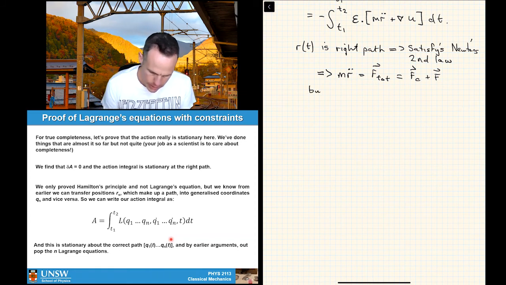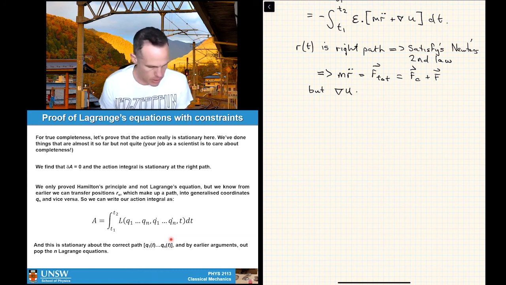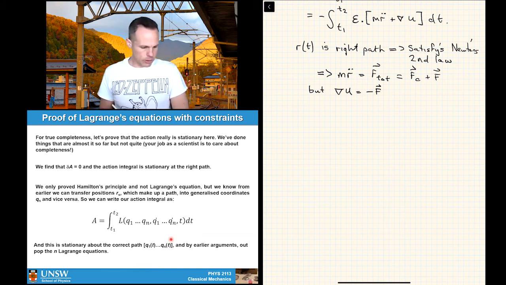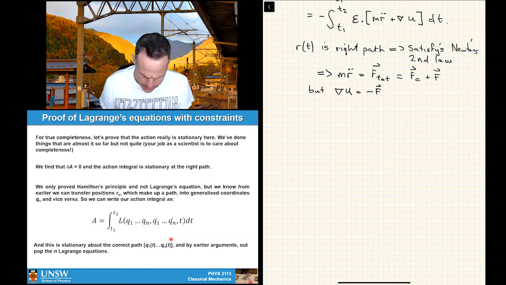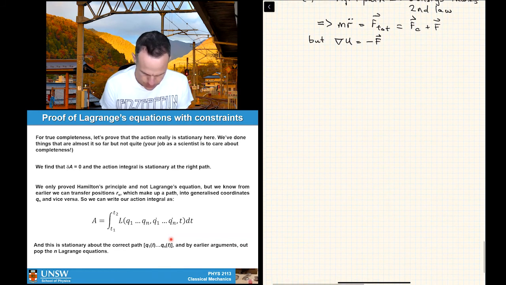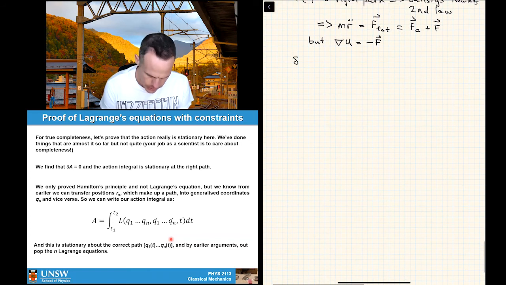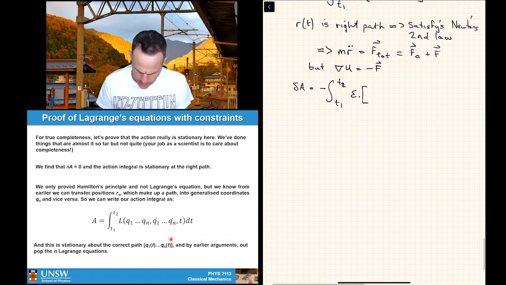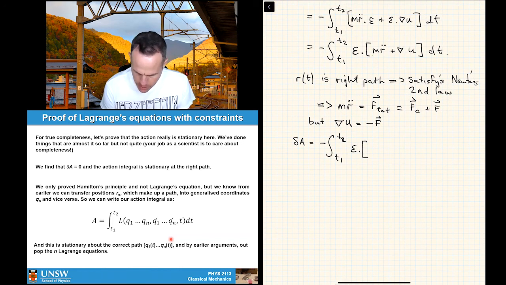But we know in here that grad U also is going to be equal to minus our net or non-constraint force, okay? And so now we can take one last step in our term down here, delta A. And to do this, minus integral T2, T1, epsilon dot, we can put into here our m r double dot, right?